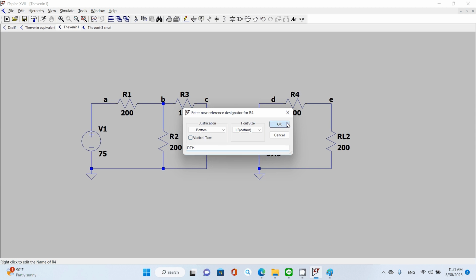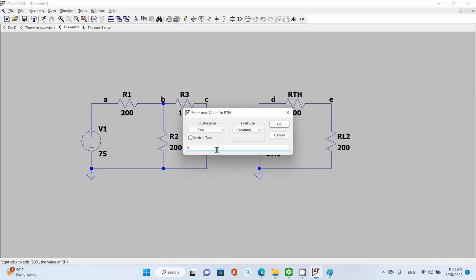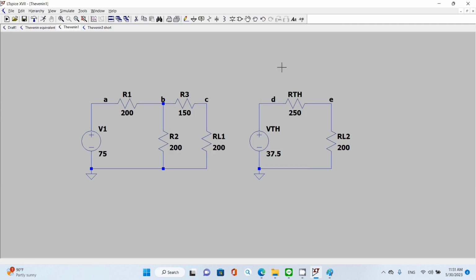From LTspice and calculation, this one is 250 ohms. Now what we're looking for is that this is the original circuit and this one is the Thevenin equivalent circuit. You have only one supply voltage and only one resistor. That means if you do it right, the current flowing through the load from both circuits has to be the same. All right, keep your eye on this.